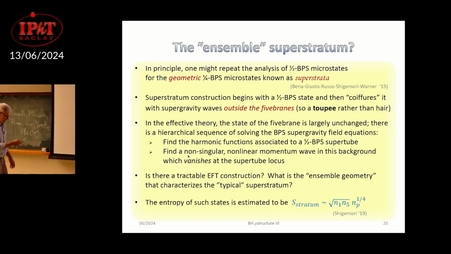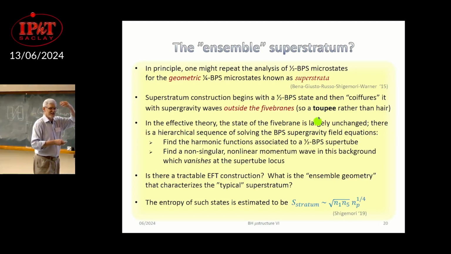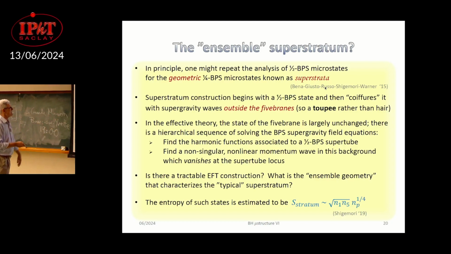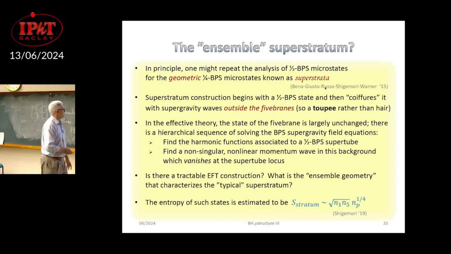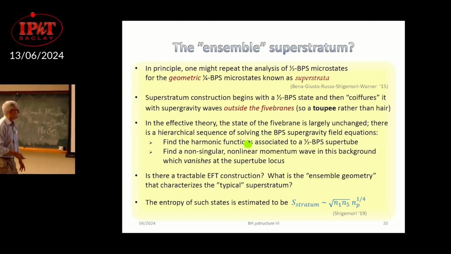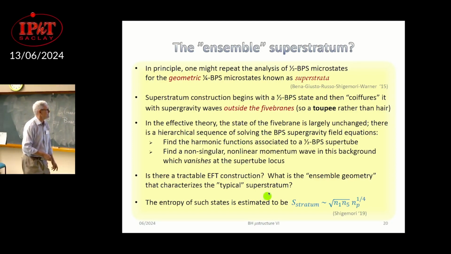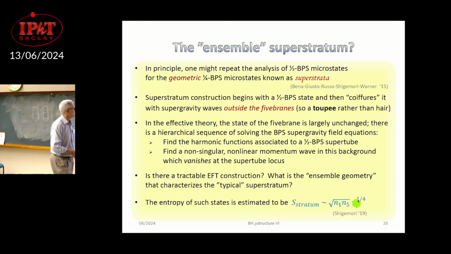And so that's why I like to say it's more like a toupee than hair, because it's not really attached to the fibranes. Masaki counted these things and estimated that in a particular regime where the momentum charge is large relative to the string charge, you get sort of the two-charge entropy multiplicatively enhanced by the amount of momentum.